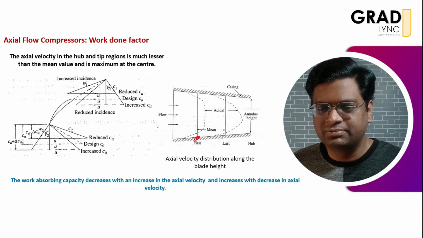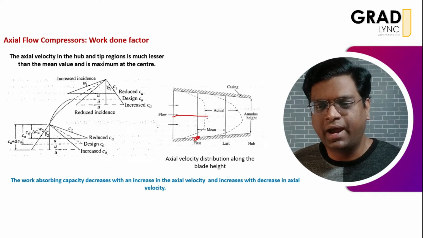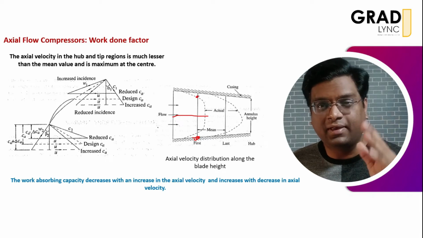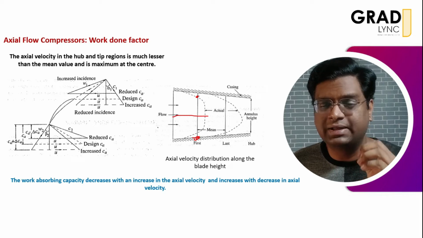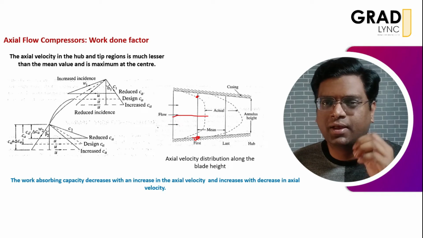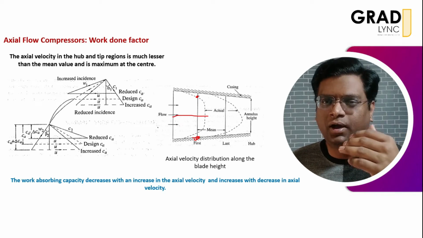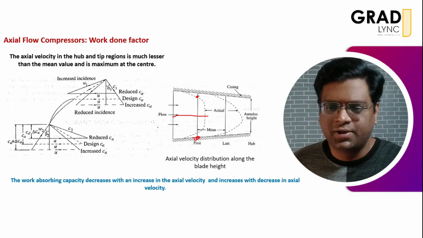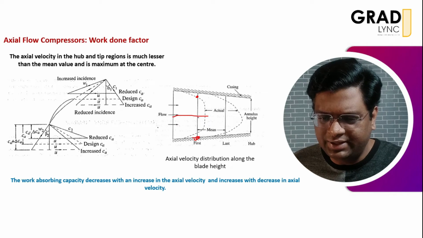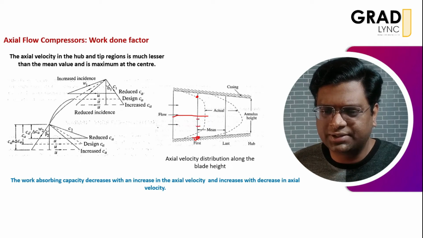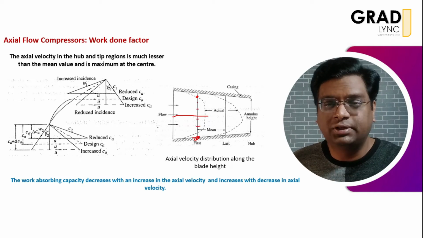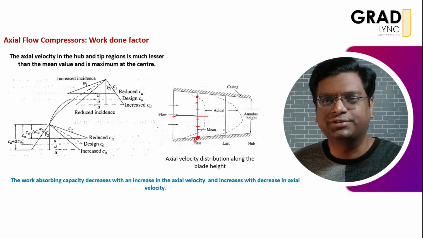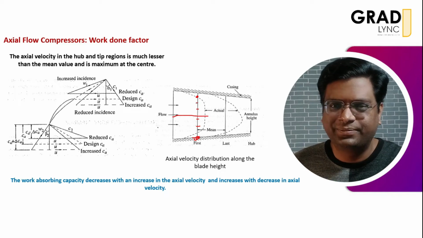The velocity is maximum at the middle portion of the blade, and again at the tip the velocity gets reduced. Now when I say velocity, I am talking about the axial velocity, C1 if it is a rotor entry, and C2 if it is a rotor exit. So the point here is, at each and every point on the blade section, the absolute velocity of the air is not constant, it is changing, right?